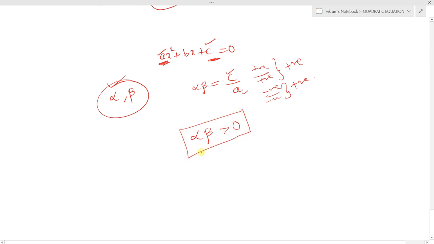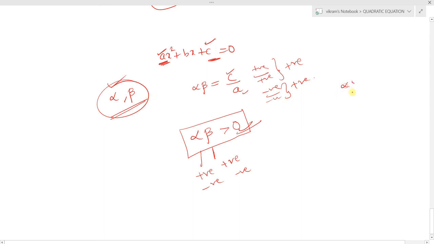The only case is that both alpha and beta have the same sign, either both are positive or both are negative, so alpha beta is greater than 0. So we can identify that in a given quadratic equation, if the coefficient of x square and the constant term are of the same sign, then the roots will also have the same sign.